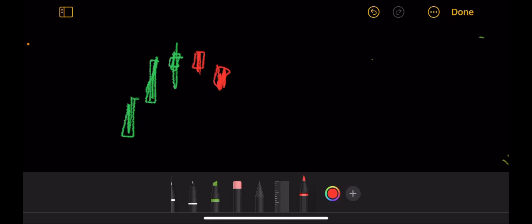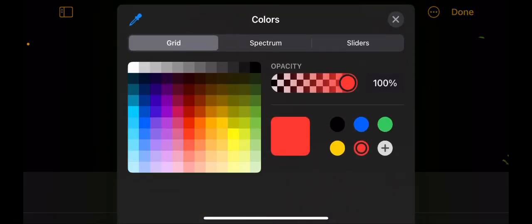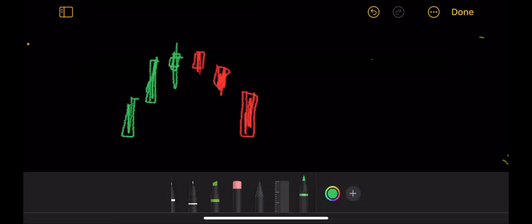Creating lower lows. Higher, a little higher highs a little bit.